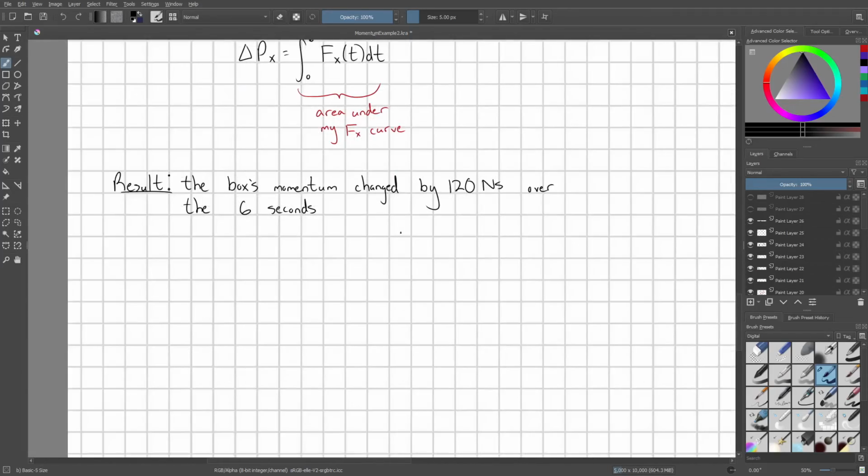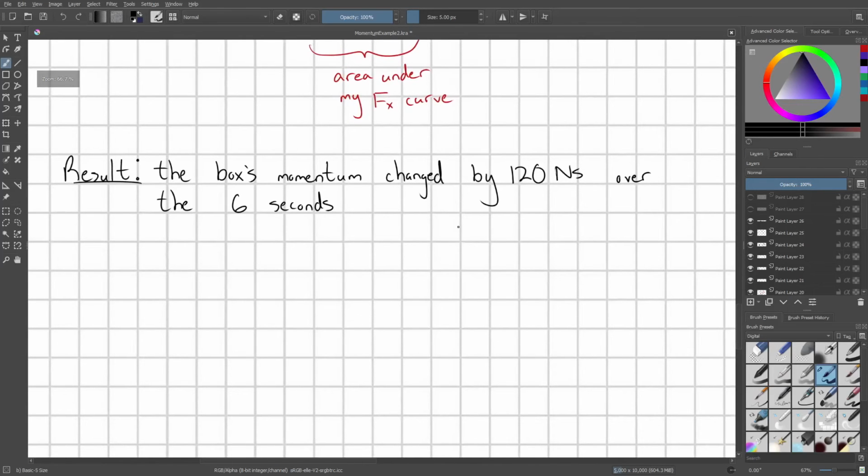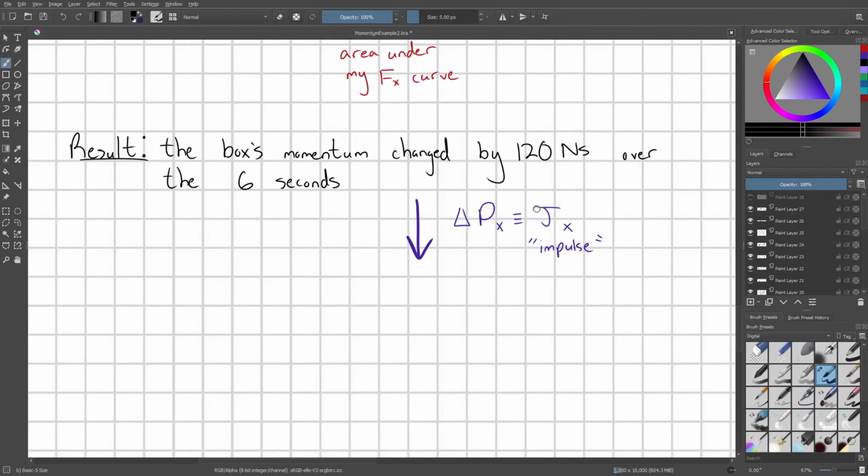So that's all that we did. Our result, we found that our box's momentum changed by 120 Newton seconds over the 6 seconds. Now, we can introduce a new definition that the change of momentum, in this problem it's in my x direction, that's defined as the impulse delivered to the box in that 6 seconds.